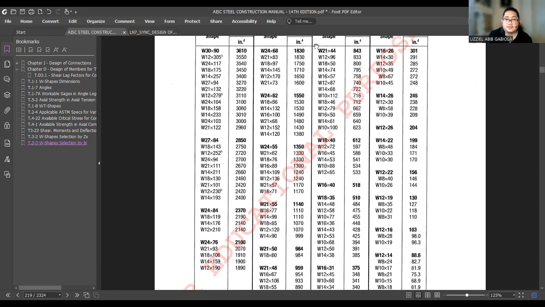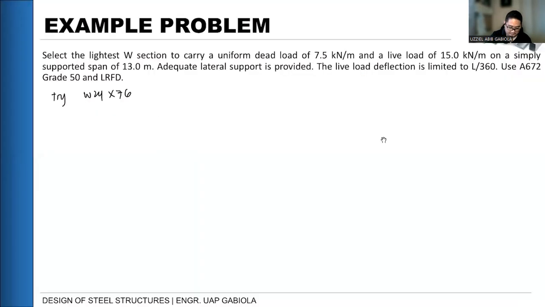Okay? So, ibig sabihin, ito, kung ito yung pipili natin, pasado na sa deflection niya automatically, no? Kahit hindi na natin i-recheck. Ang kailangan natin i-verify ngayon is what is its value kapag check natin yung flexural capacity niya o ibig sabihin yung ZX niya tsaka yung sa shear capacity. Okay?